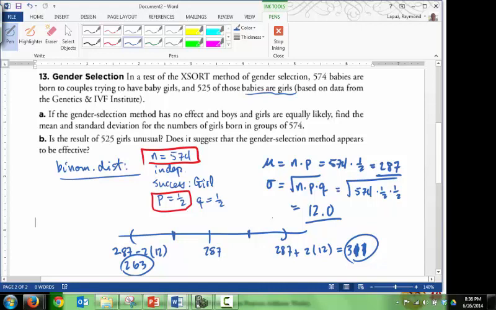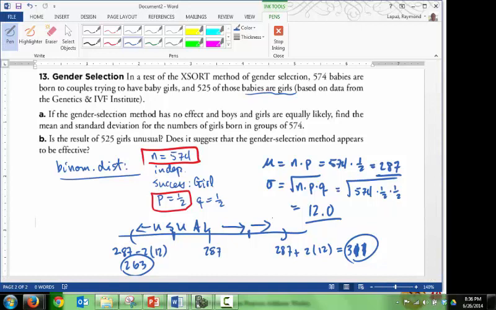So what they're saying here is that the usual range of values span between 263 to 311.